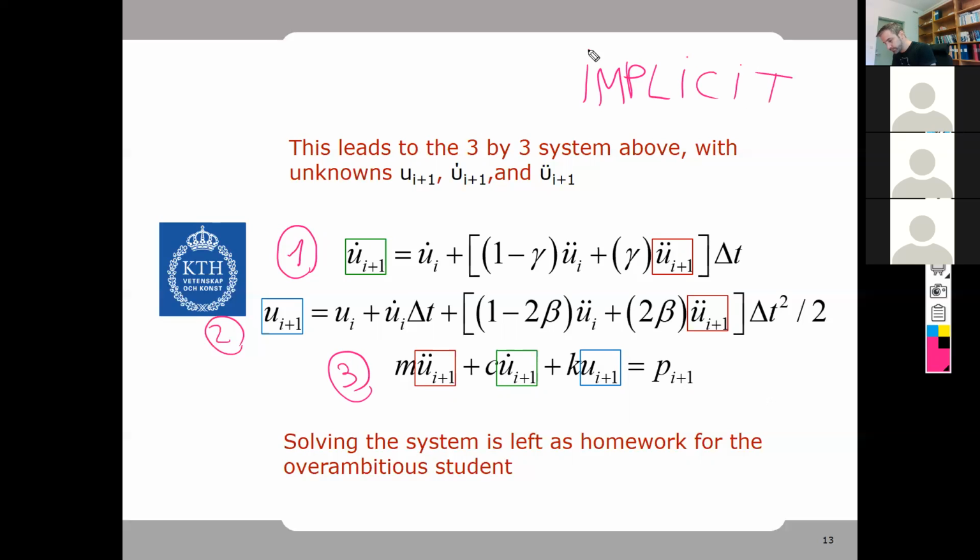We are satisfying the equation of motion not at the time step that we have already calculated, but at the time step that we are going to calculate. That is the difference between implicit and explicit methods. So now we have 3 equations, 3 unknowns, so we can, in principle, solve this.